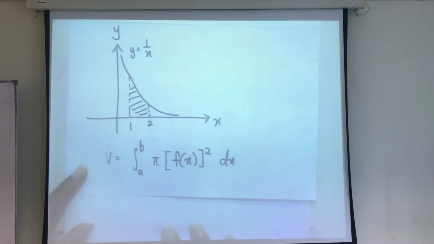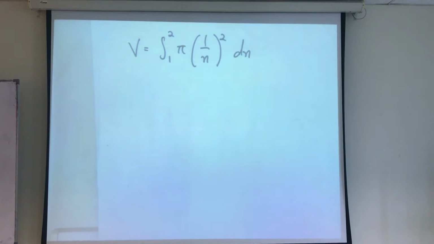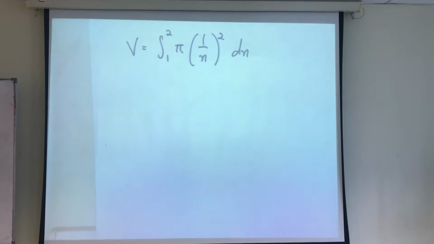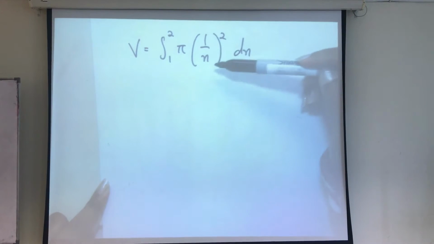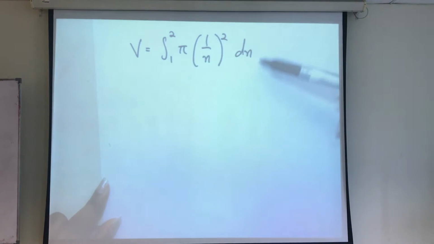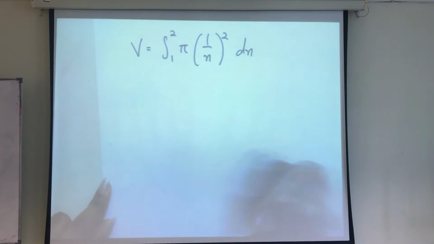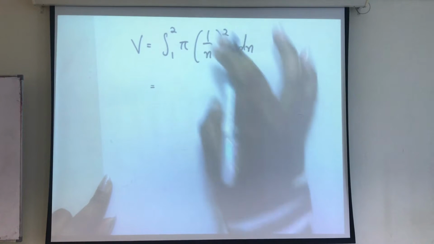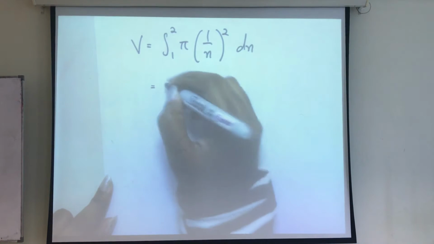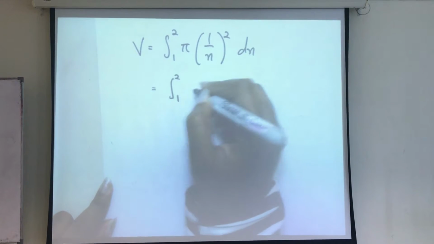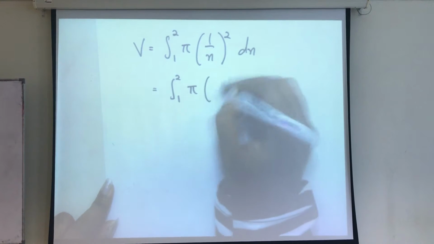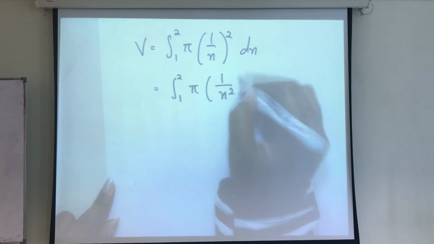Okay, substituting the values of a, b, and f(x), we'll get this. Integrate, expand the 1 over x squared. Integral from 1 to 2 of pi times 1 over x squared dx.